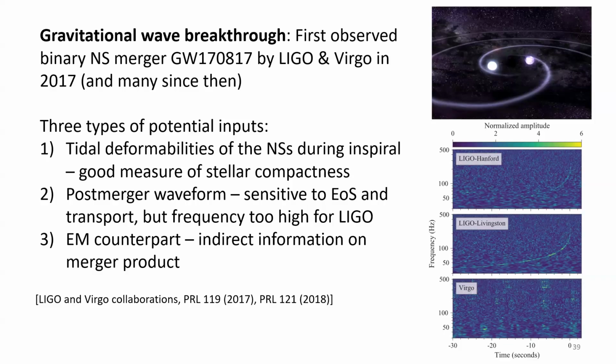But the downside is that there's a lot of information that is contained in the so-called post-merger waveform that we haven't been able to record yet because the associated frequencies are so high.